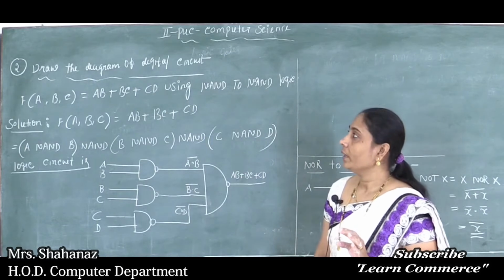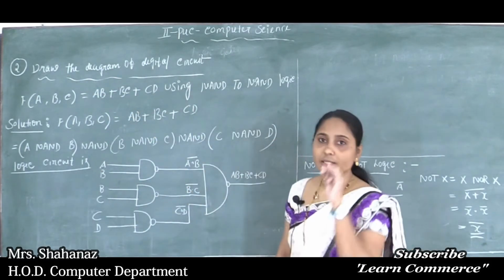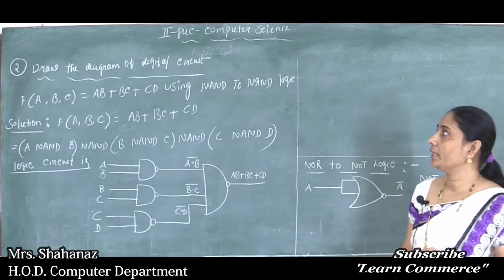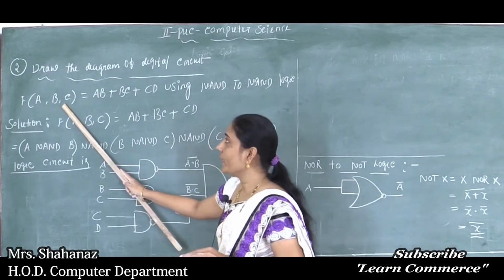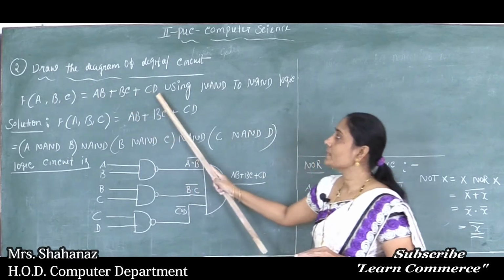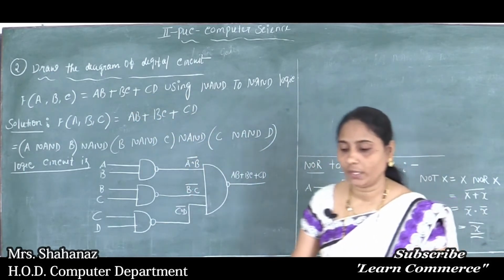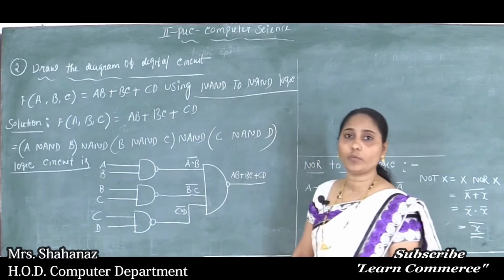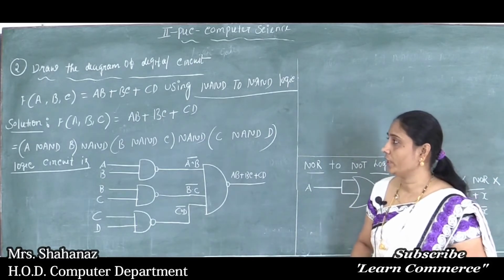Now this second example: draw the diagram of the digital circuit. The question, F(A,B,C) equals AB plus BC plus CD, using NAND to NAND logic only. So clear this point here. Whatever it is, everything is going to be replaced with NAND to NAND logic.